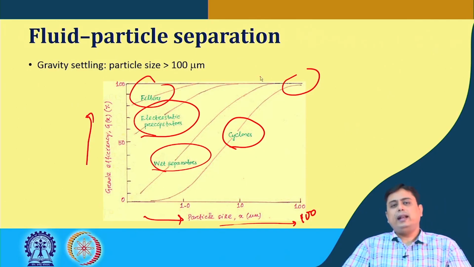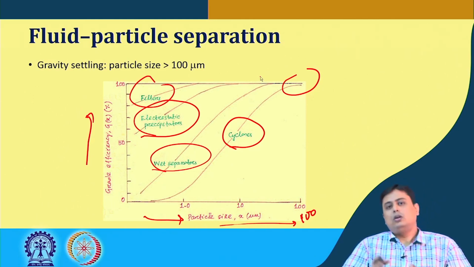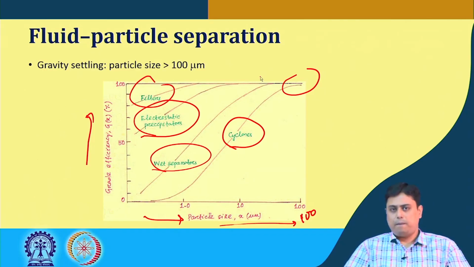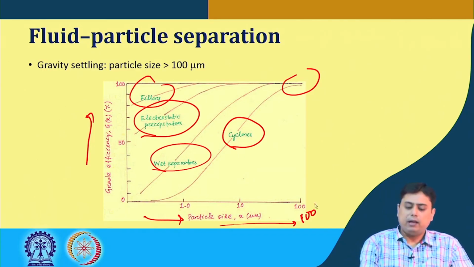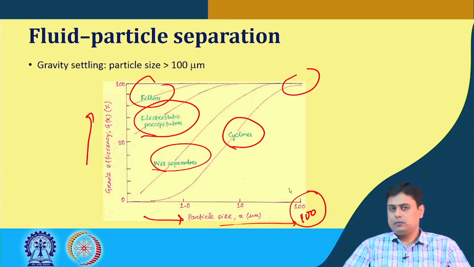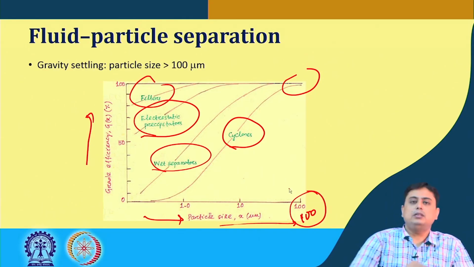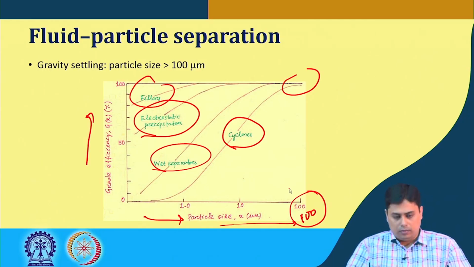But the point is that since we have to introduce the vortex inside the cyclone, it requires higher tangential velocity, which means higher pumping pressure. So, the energy cost compared to gravity settling is higher. That is why it is recommended that when the size goes below 100 micron, then we can use any of these separation processes.